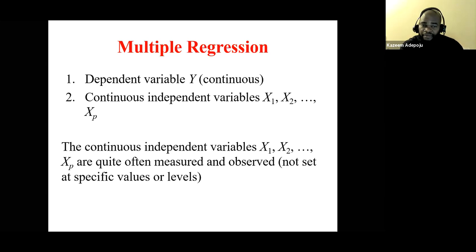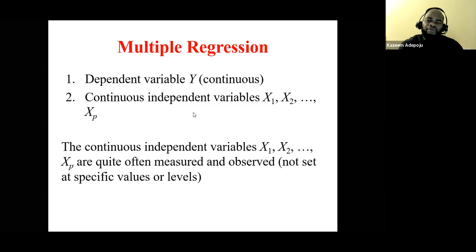We can also have a situation whereby a particular predictor could be categorical. You've heard about dummy regression, right? So in multiple linear regression, you could have more than one predictor variable that you use to predict the response, based on the relationship they have. Now, that is regression analysis.